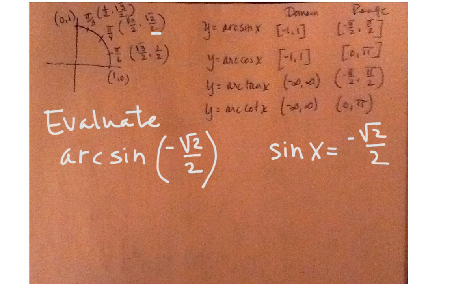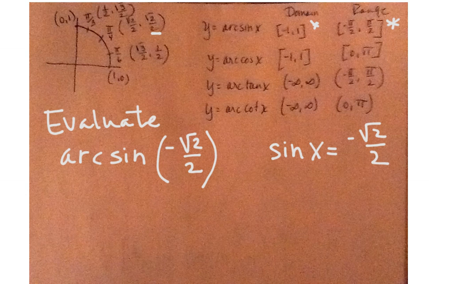So now I need to determine what the value of the arc sine is, and I have to keep in mind the domain. I'm talking arc sine, so the domain is within negative 1 and 1. Now the range, the output, the answer, has to be between negative pi over 2 and pi over 2.